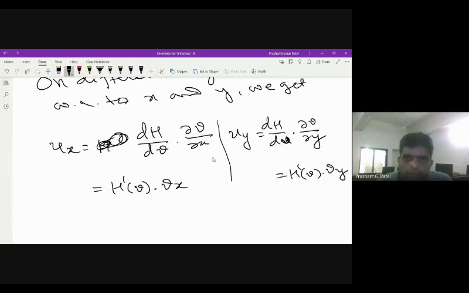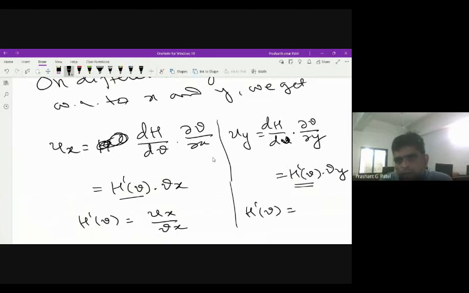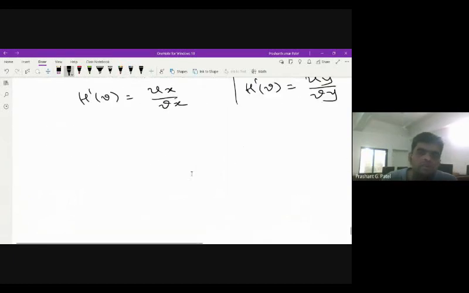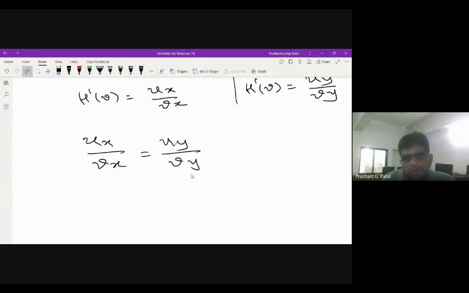Now we have to eliminate this h dash of v. So I will find h dash of v from this, that is ux upon vx, and here it will be uy upon vy. If you want to eliminate h dash, then you have the expression ux upon vx is equal to uy upon vy, which will give you ux vy minus vx uy equal to 0.